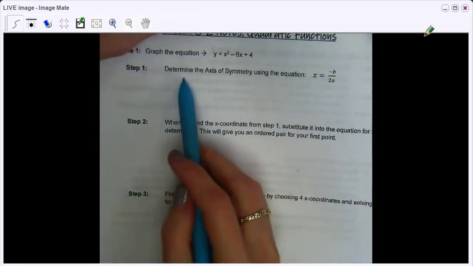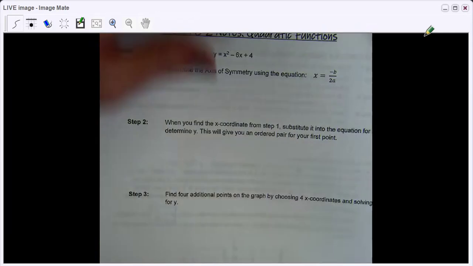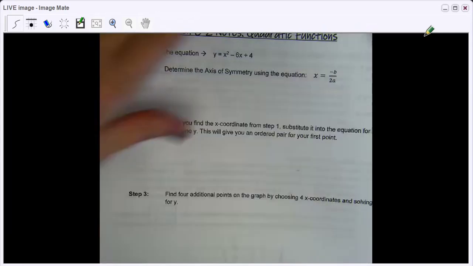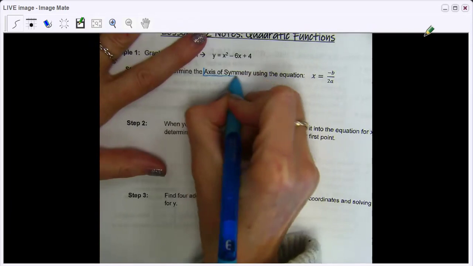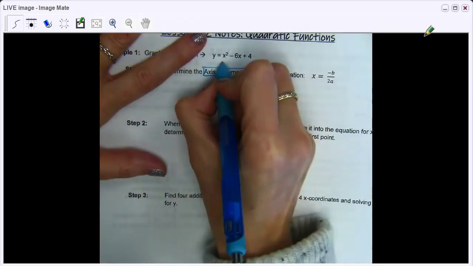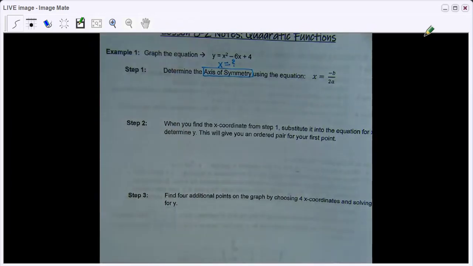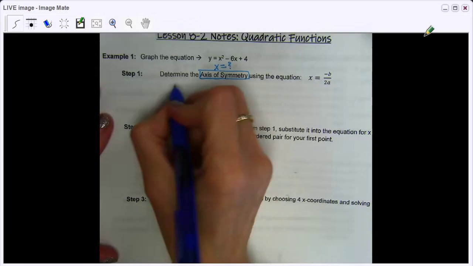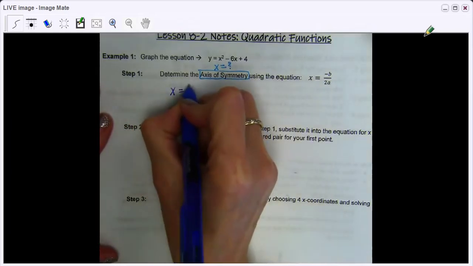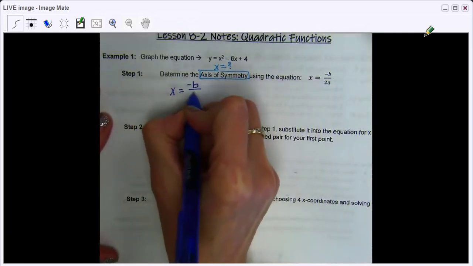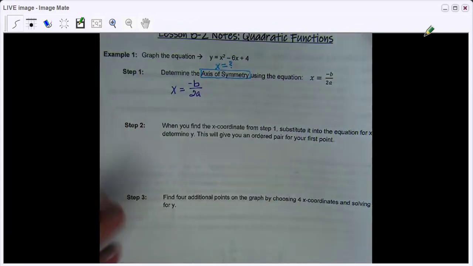So determine the axis of symmetry. When it's asking for the axis of symmetry, this is referring to x equals some number. You're trying to find x. So when we're trying to find x, we're going to use this formula, -b over 2a. Well, where do we get the -b and where do we get the 2a? Okay, I'm going to do this a little differently.